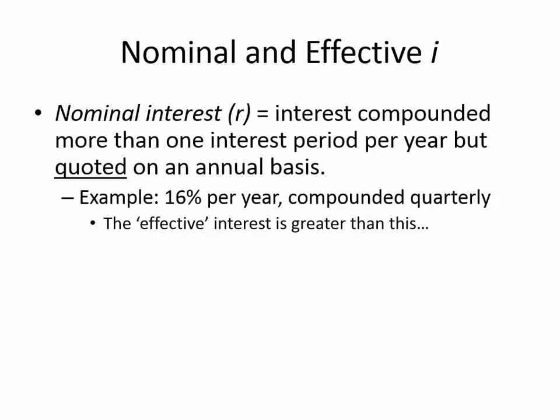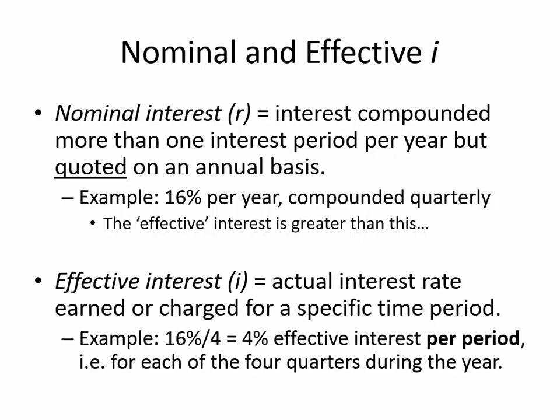Nominal interest is when the effect of compounding hasn't been factored into the interest rate that is quoted. So an illustration of that is if a credit card charges 16% per year, but then it's compounded quarterly, the bank is trying to make it seem like the interest rate is lower than it really is. And so the bank would say it's 16% per year. But then if they compound quarterly, then the effective interest rate is going to be higher than that.